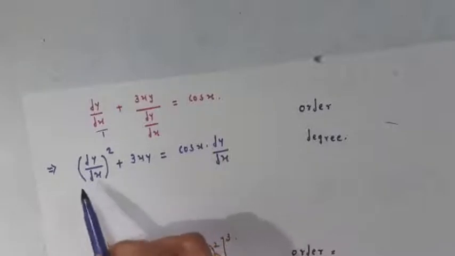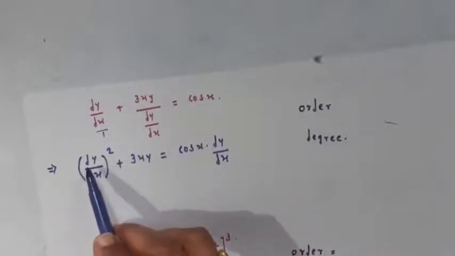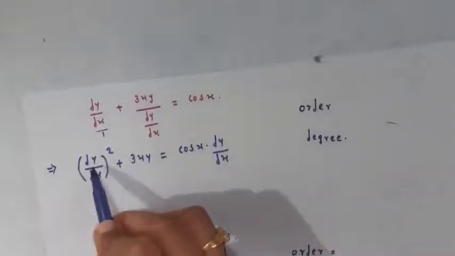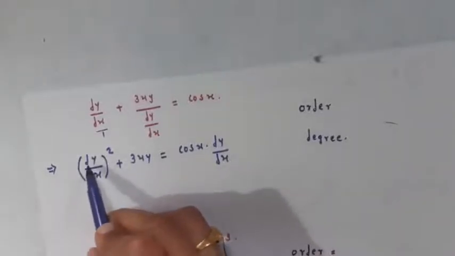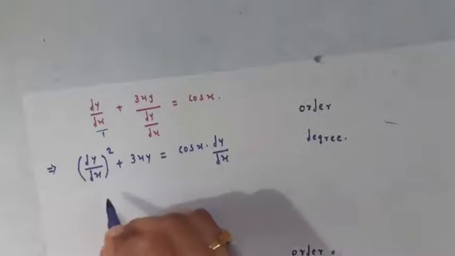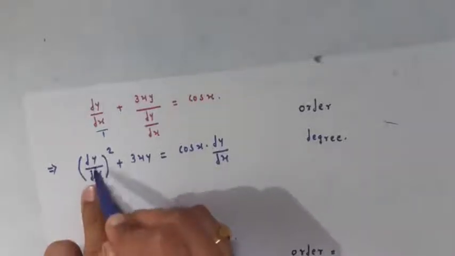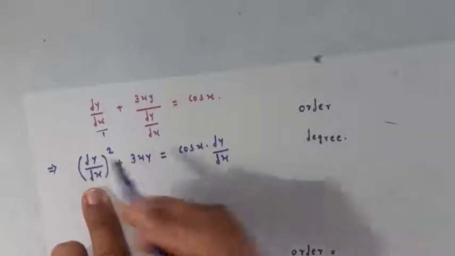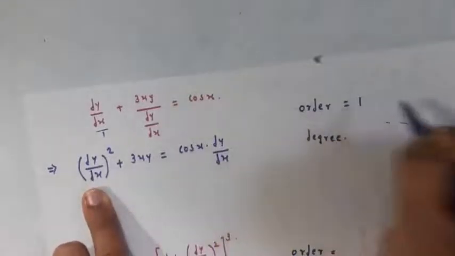Now find out which is the highest order. So dy/dx and dy/dx. The order of the differential equation is 1, because it is differentiation of y with respect to x. So dy/dx is the highest order, meaning the order of the differential equation is 1.